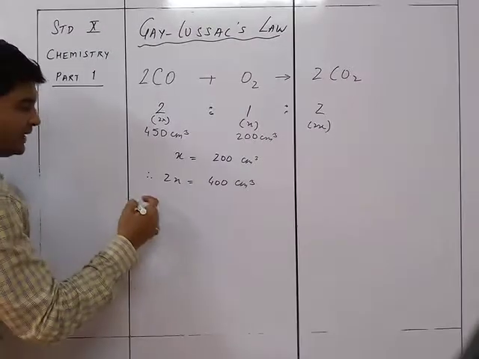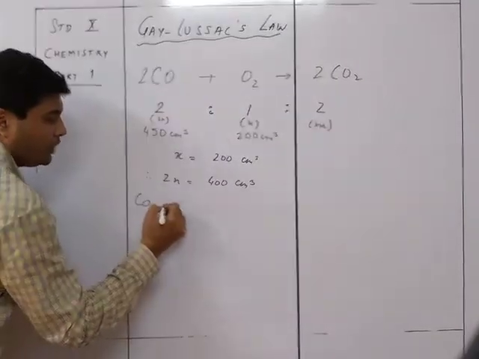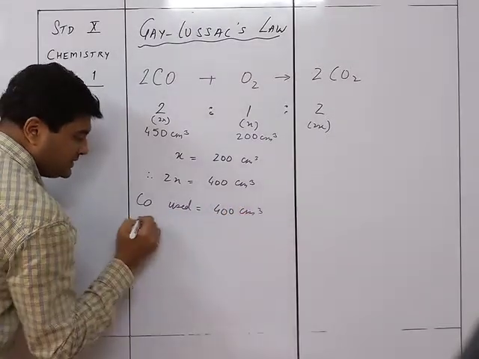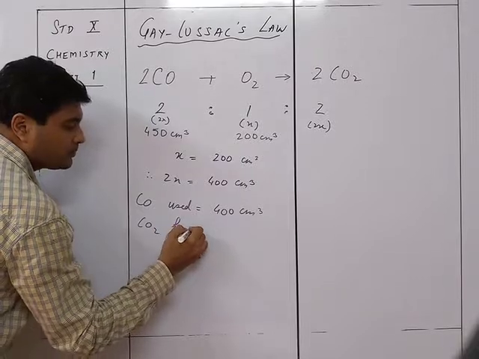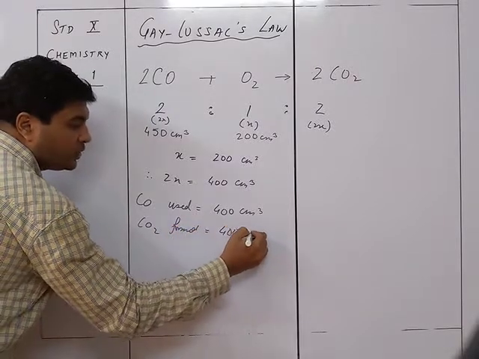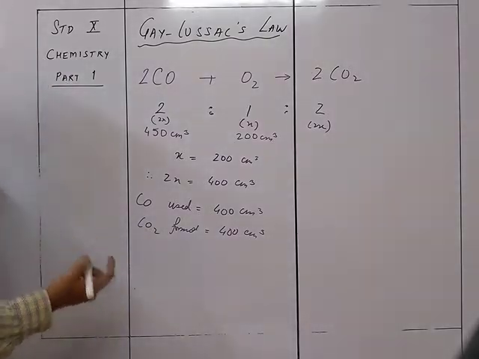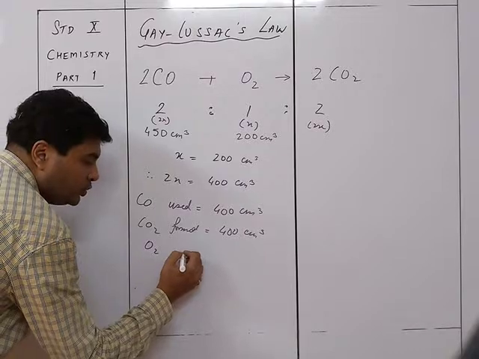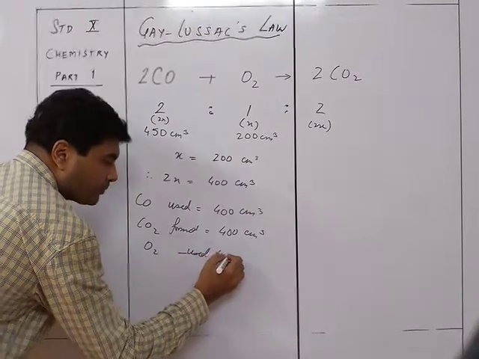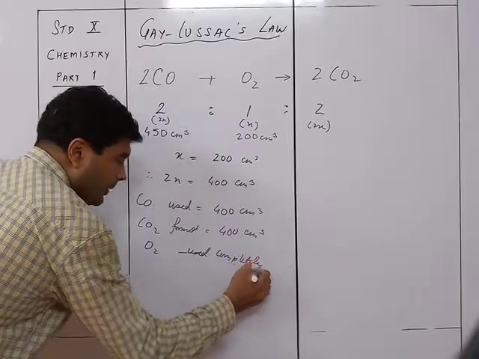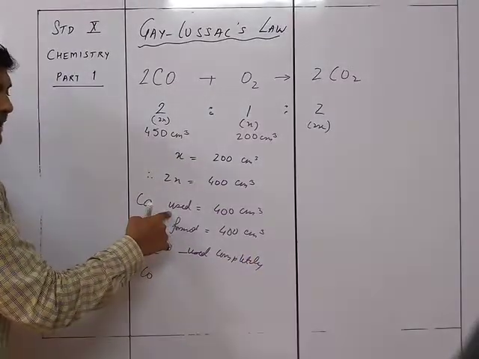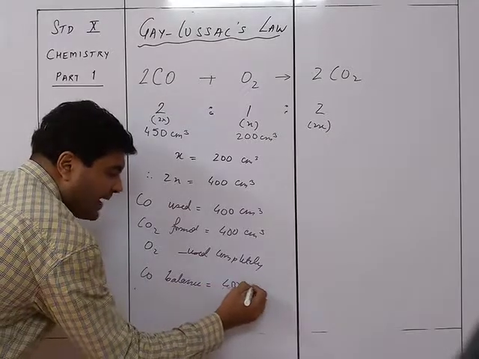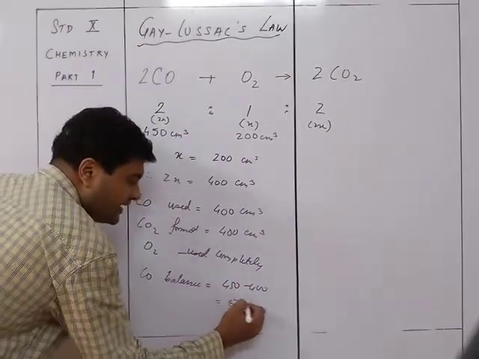See, this is 2x, this is x, and this is 2x. So now you know that CO used is equal to 400 centimeter cube, and CO2 formed is equal to 400 centimeter cube. The resultant mixture will be such that O2 is used completely, but CO will be partly used. So CO balance is equal to 450 minus 400, which is 50 centimeter cube.